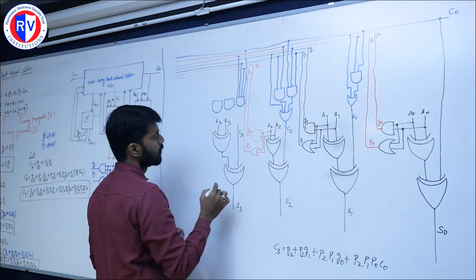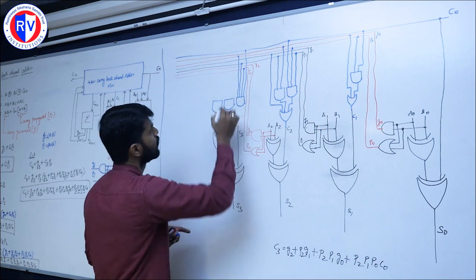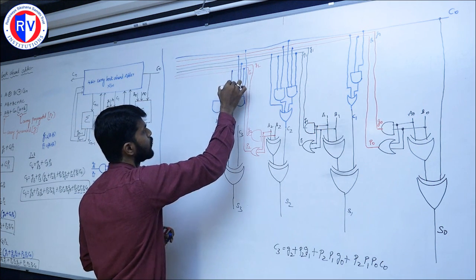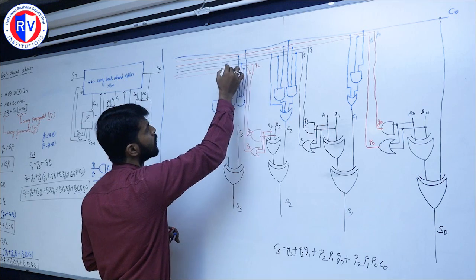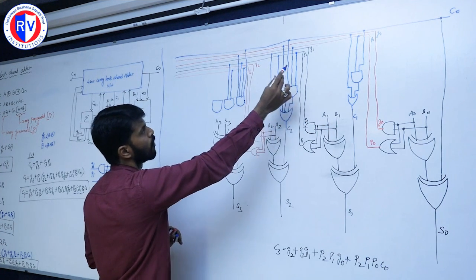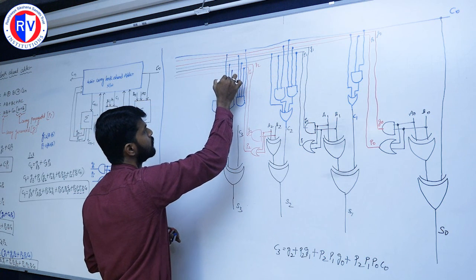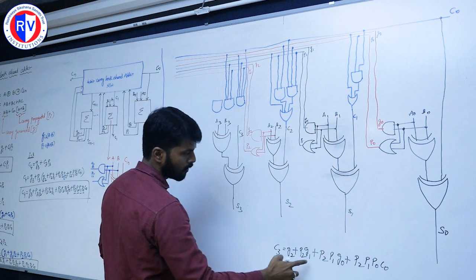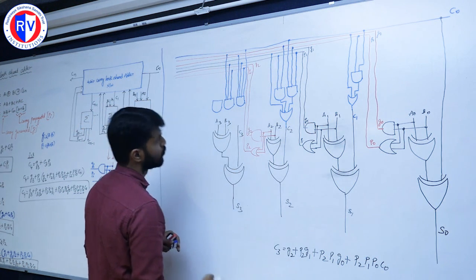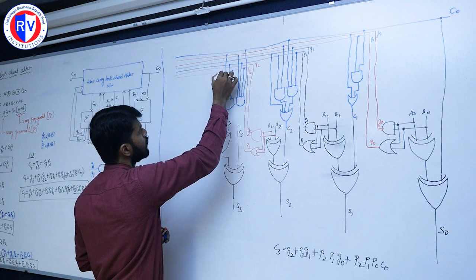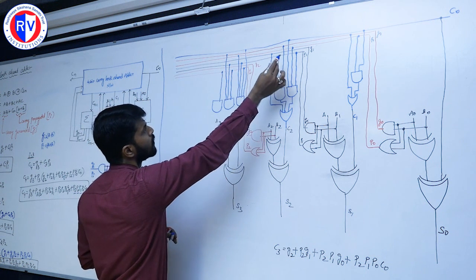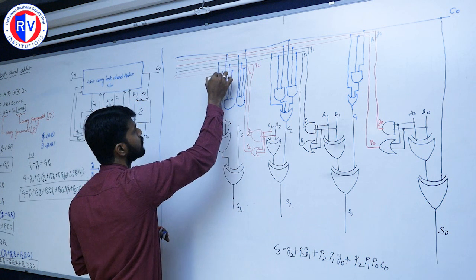And again the next term P2, P1. This is P2. Next is G0. So this is the G0. Similarly, next is the P2, G1. I will take P2 and one is G1.